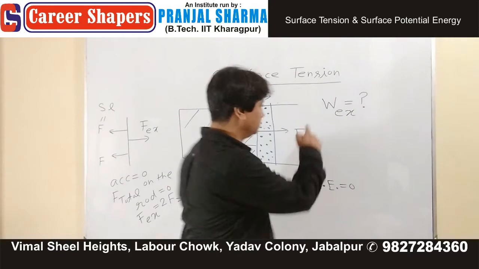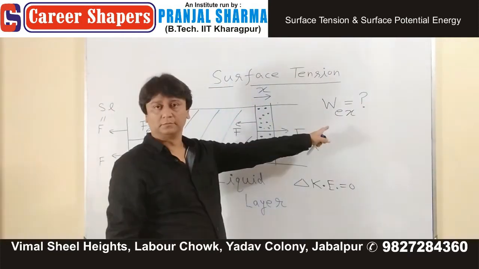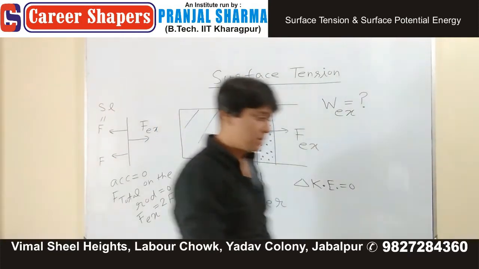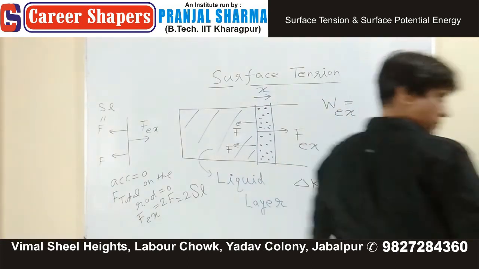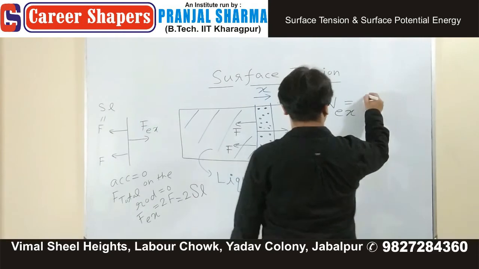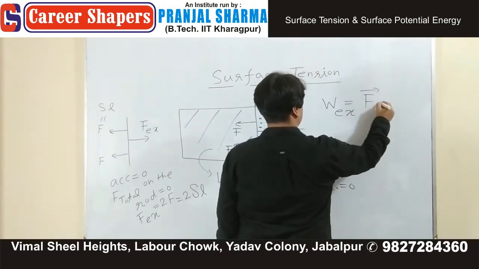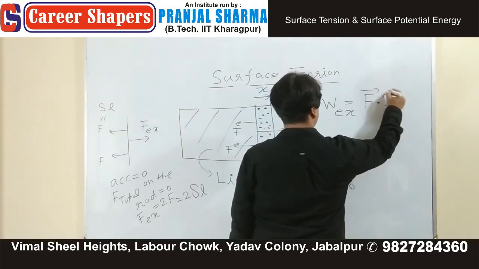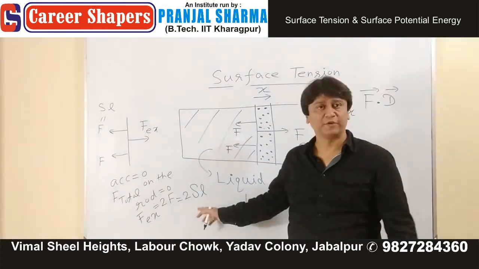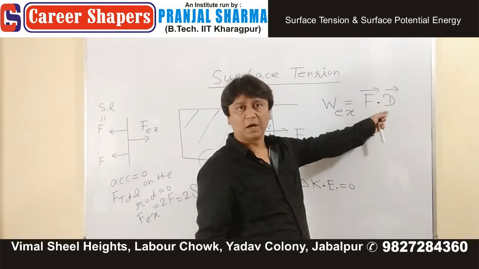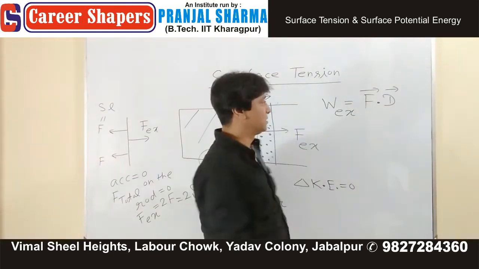Now look here. What is work? Force into displacement. Work is force dot displacement. I'm using D because S is being used for surface tension, and therefore I've taken D for displacement.